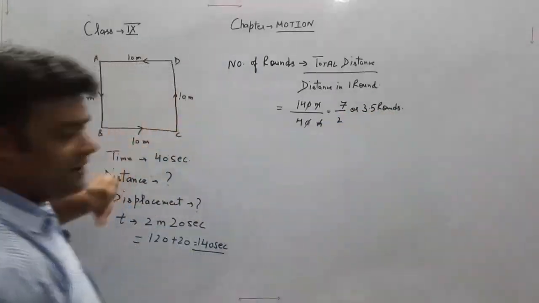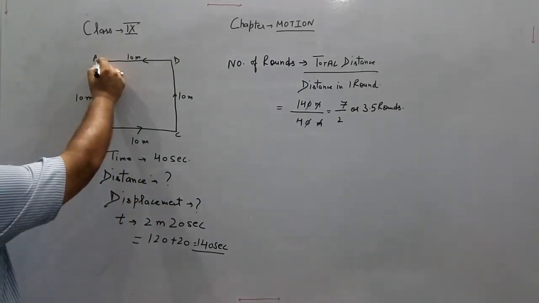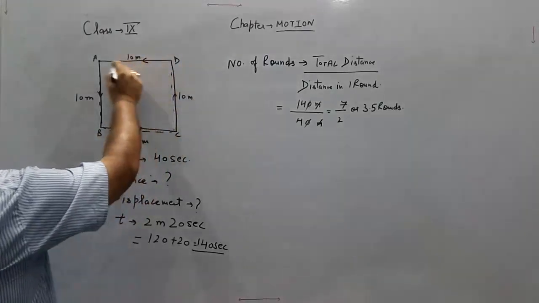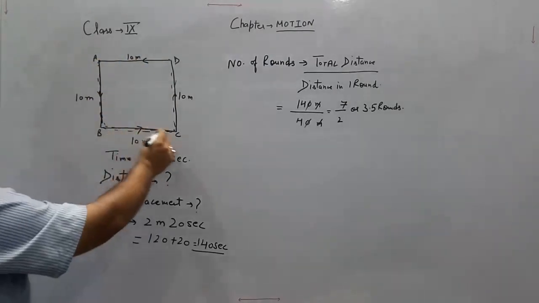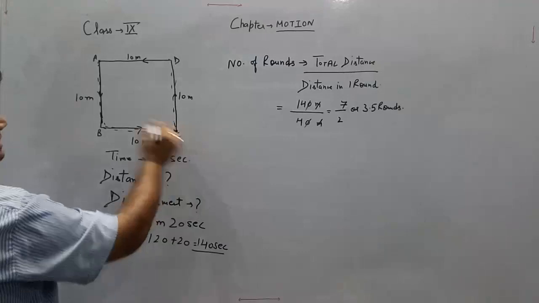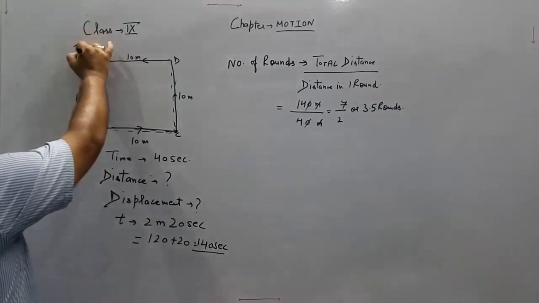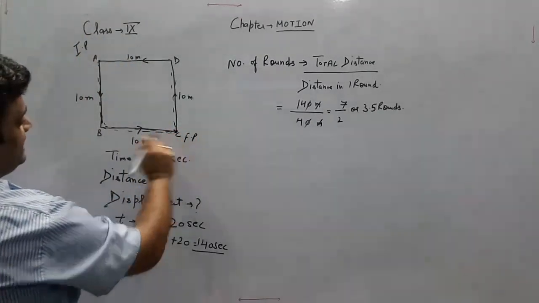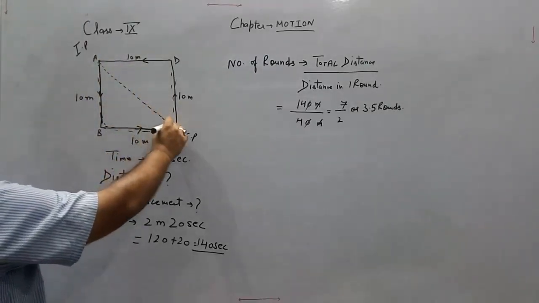Now consider this diagram. 3.5 rounds means when it starts its motion from point A, one complete round of the square field, second complete round of the square field and third complete round of the square field, and after 0.5 rounds it reaches position C. Now initial position of that person is A and final position of that person is C. What is the shortest distance between initial and final position?